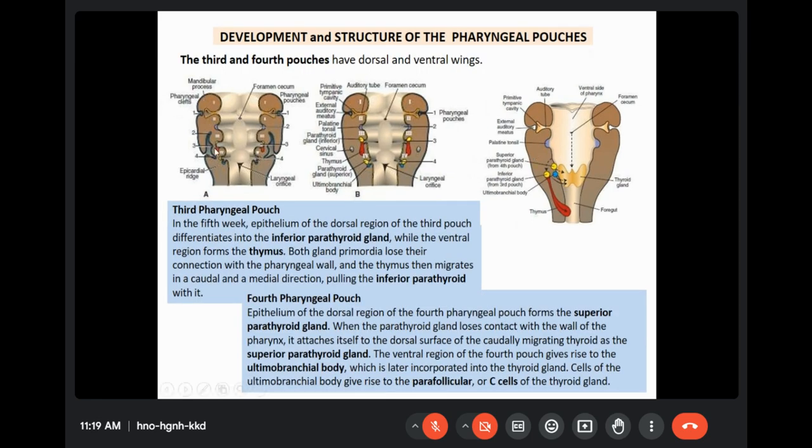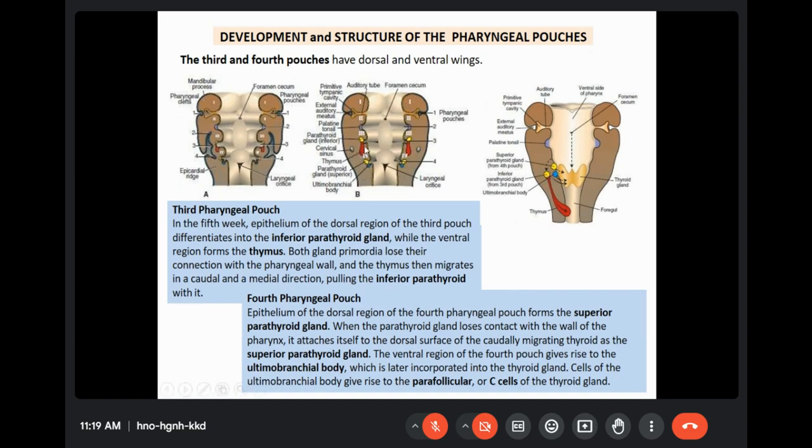Next, the third pharyngeal pouch has an upper and a lower part. The upper part will give rise to the inferior, which means lower, parathyroid gland, and the lower part will give rise to the thymus. The parathyroid gland is the endocrine gland which produces the hormone which increases calcium level in blood.